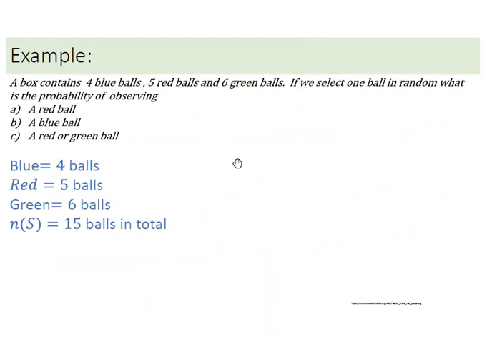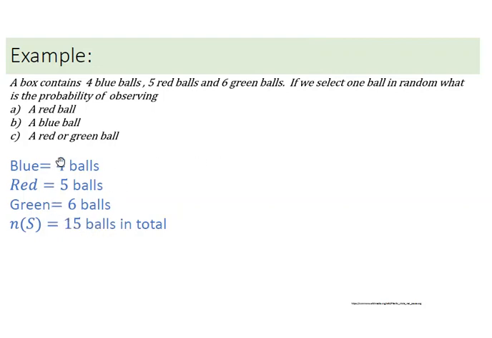Look at this example. A box contains 4 blue balls, 5 red balls, and 6 green balls. If we select one ball at random, what is the probability of observing A, a red ball, B, a blue ball, and C, a red or green ball?